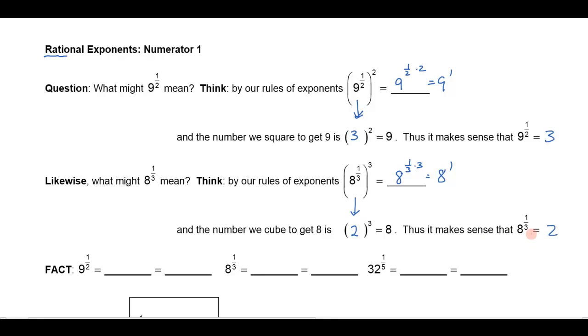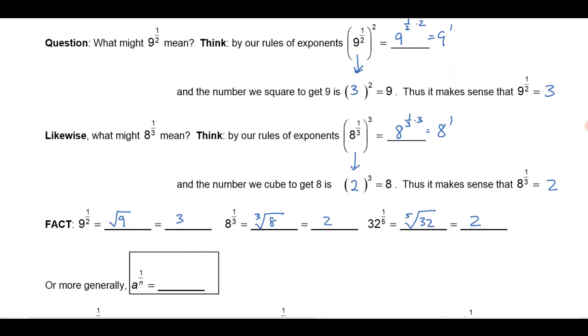And with that, I think you'll come to see that there's a relationship between these fractional exponents and the root. 9 to the 1/2 really is the square root of 9, which is 3, and 8 to the 1/3 is the cube root of 8, which is 2. In the same way, 32 to the 1/5 power is the 5th root of 32, and the number that I multiply by itself 5 times to get 32 is 2.